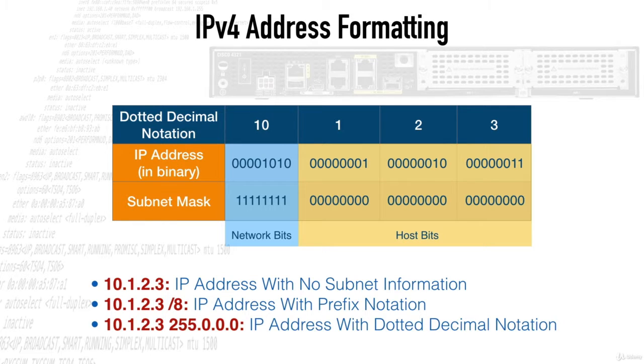However, there are some defaults. This subnet mask where we have 8 bits that are network bits is actually the default mask for this IP address. 10.1.2.3, as we're about to learn in the next video, is considered to be a Class A IP address, and that's the default subnet mask for a Class A IP address. Let's take a look at all the other classes in our next video.